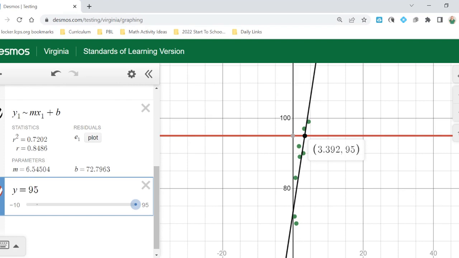So I click that one here. The estimation that I would get a score of 95 is going to be after the x, because again, I inputted the y, so I want the opposite value, which is going to be my x value of this coordinate. 3.392 hours of studying will result in that score of 95.